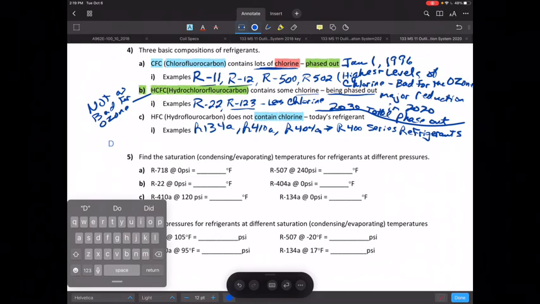An item D, we're going to call the hydro or HC refrigerants. There we go. Now HC stands for hydrocarbon.